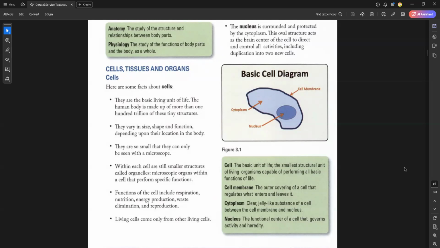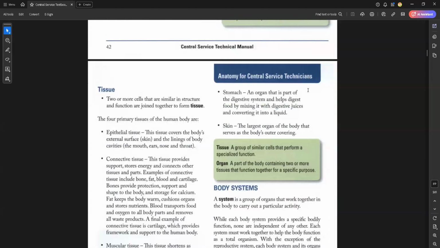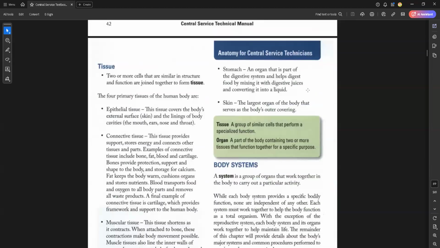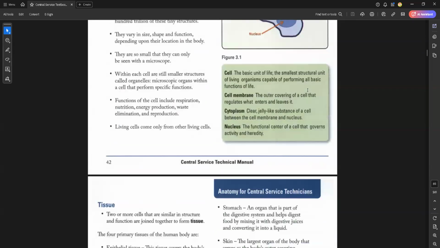The nucleus is surrounded and protected by the cytoplasm, as the brain center of the cell to direct. So that's how it is.